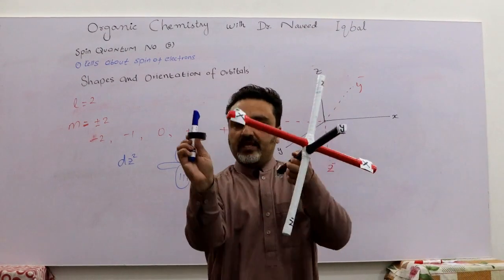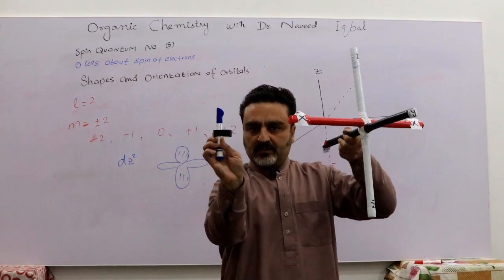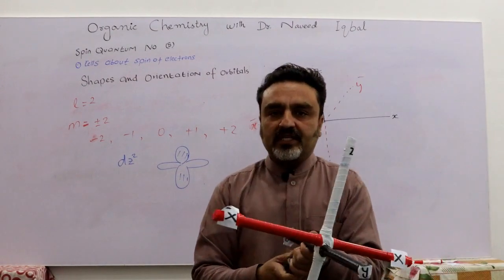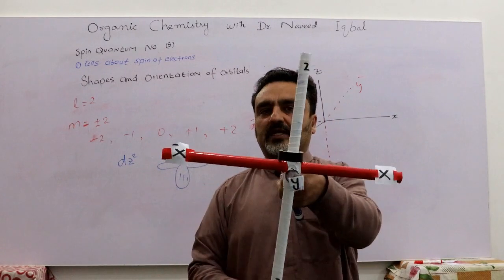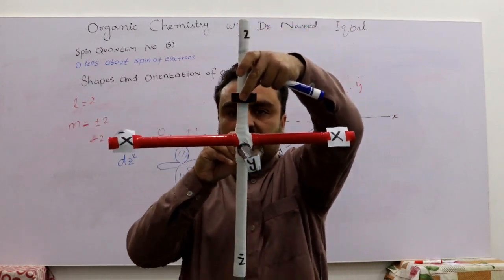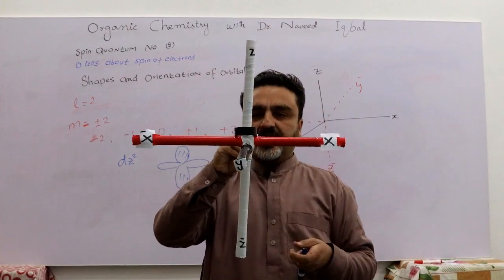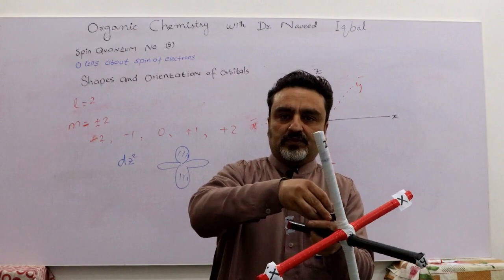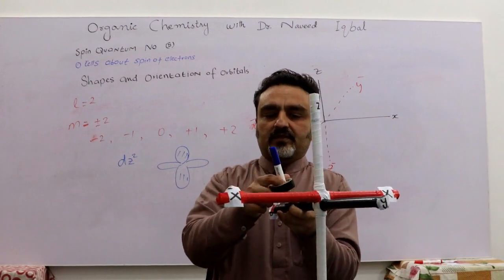Got it? As I showed earlier, the ring lies on the xy axis, and this thing is inside it. So this is the dz squared orbital.